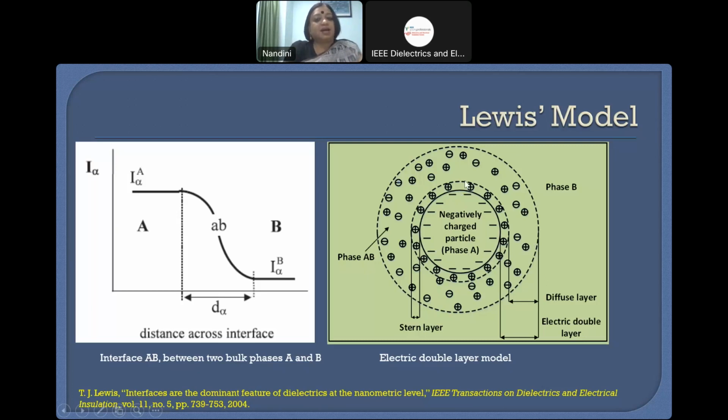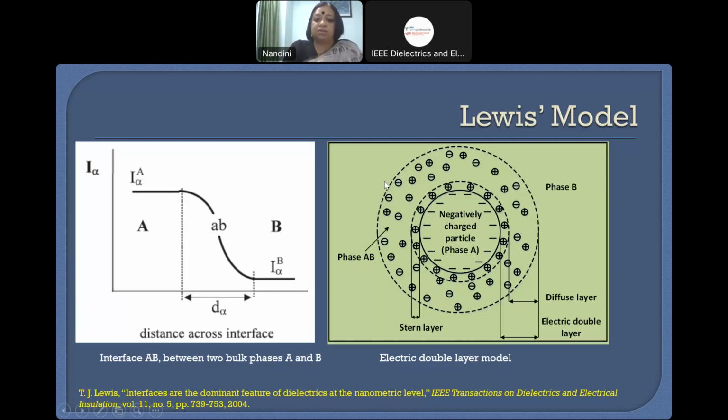As a result, a counter charge of opposite polarity would be formed in the interface around the particle. This is the Stern layer. These two constitute the electric double layer, and this electric double layer has the effect of shielding the particle from Coulombic forces.